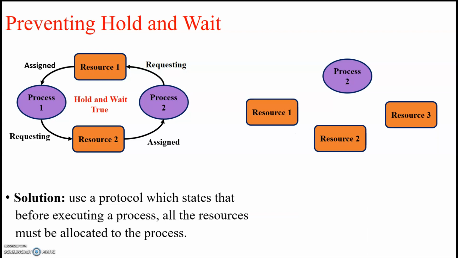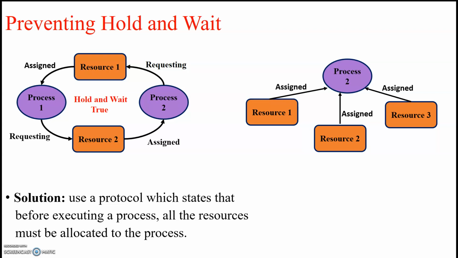So let us say this process P2, this is just a scenario, requires resource 1, resource 2 and resource 3 for completion of execution. All the 3 resources that are required for its execution are initially assigned, and before the execution, whenever all the resources are allocated, it will complete its execution.